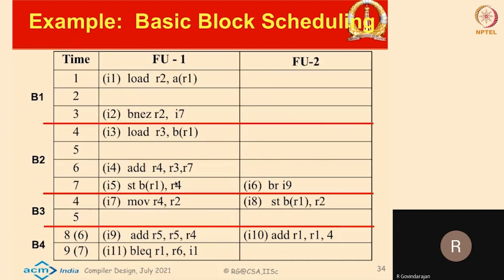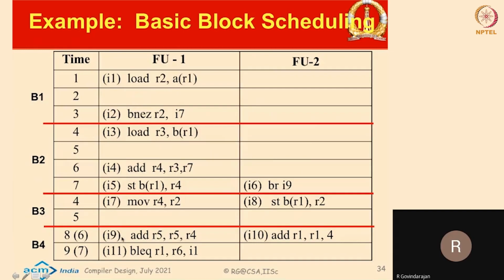So if I do basic block instruction scheduling, I end up with too many stall cycles because I don't have enough instructions to reorder, correct? And the boundaries are restricting me. So the idea of global instruction scheduling is, what if I allow you to move some instructions from basic block B2 or B3 and schedule them along with B1 or along with B4?